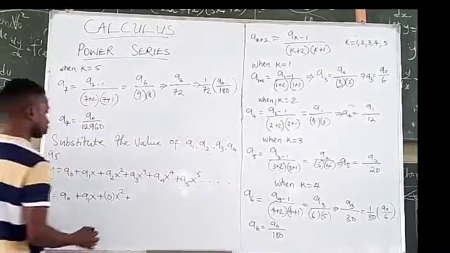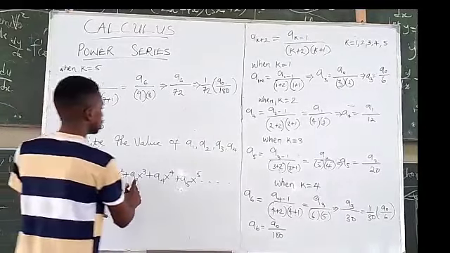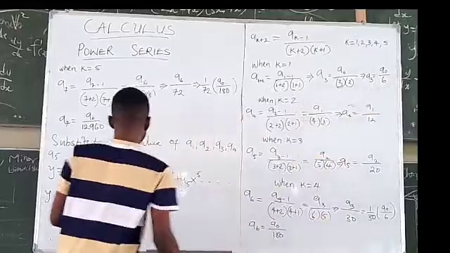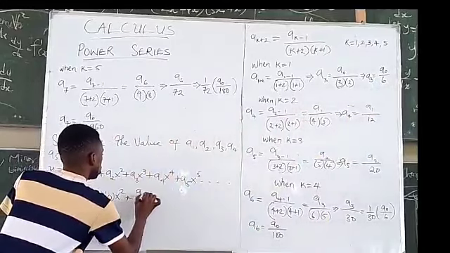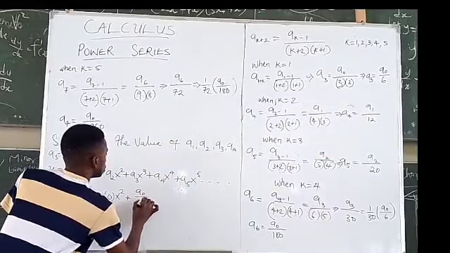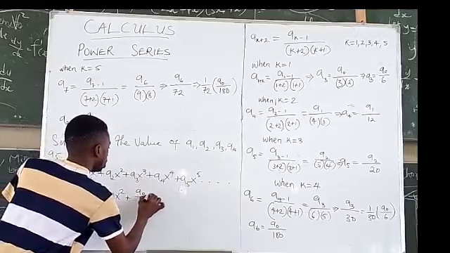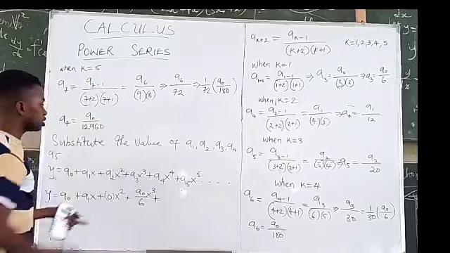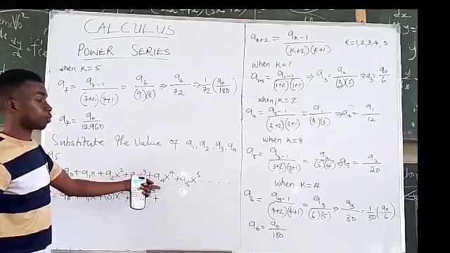Then next is A3. Our A3 is A naught over 6 multiplied by our x to power 3. Then the next one, we have A4.